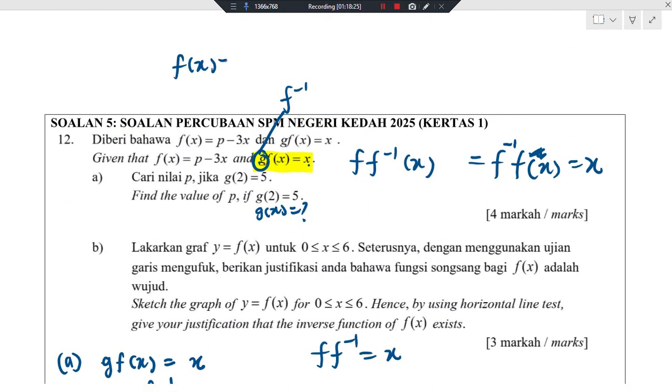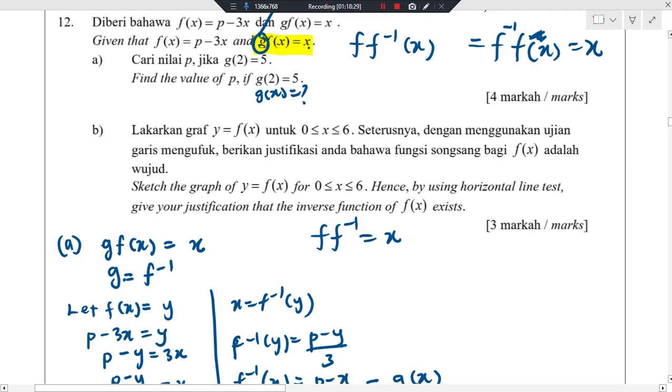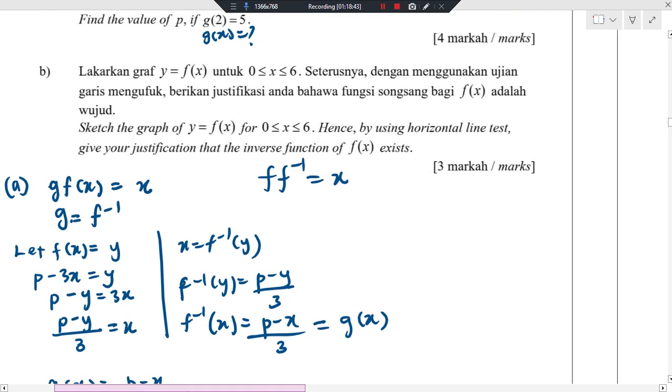Oh, dia kata draw the function only. Okay, draw the function only for 0 until 6. Okay, what is your function? fx adalah equals to p minus 3x, which is 17 minus 3x.